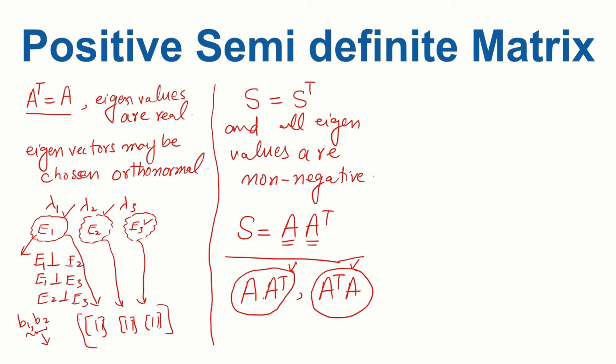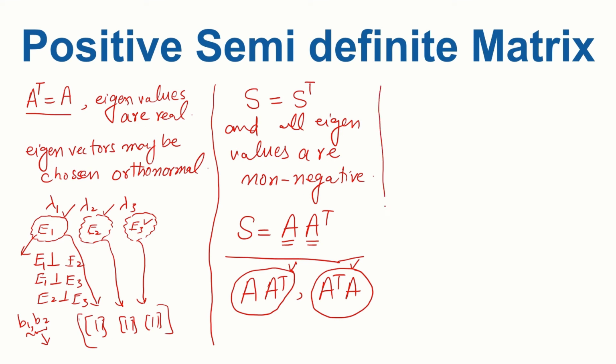Anyways, if any matrix can be decomposed in this particular form, that matrix is positive semi-definite. If you multiply any matrix with its transpose, the resultant matrix is positive semi-definite. I'm stating all these things without proof.